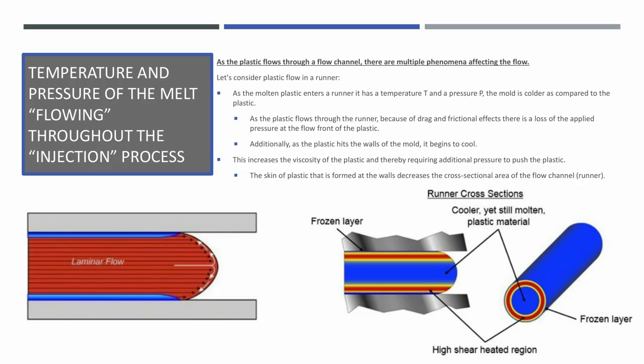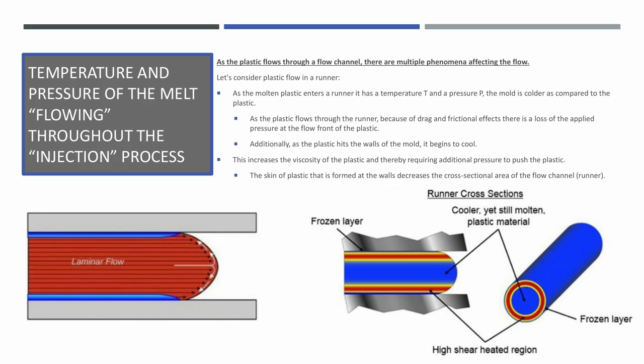Additionally, as the plastic hits the walls of the mold, it begins to cool. This increases the viscosity of the plastic, thereby requiring additional pressure to push the plastic. The skin of frozen plastic that forms on the outside wall decreases the cross-sectional area of that runner, again requiring additional pressure to keep the flow going.